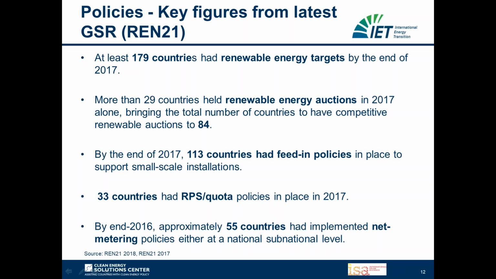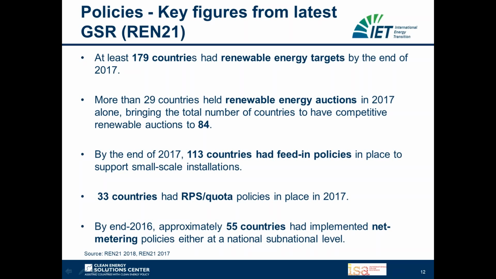Also, in the last decade, more and more countries have adopted renewable energy auctions for solar PV and other renewable energy technologies, increasing from 27 countries in 2007 to now 84 countries in 2017. So in just one decade, you saw a lot of countries applying auctions for renewable energies.